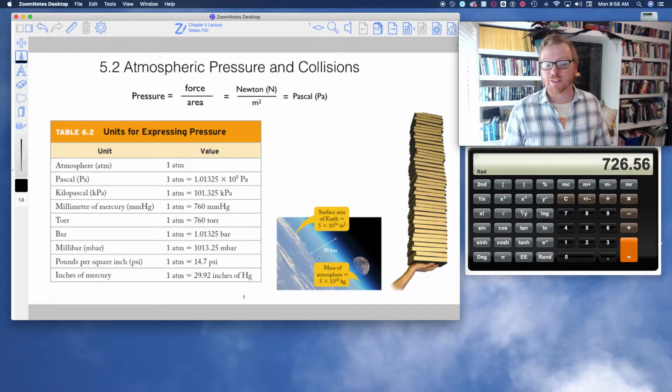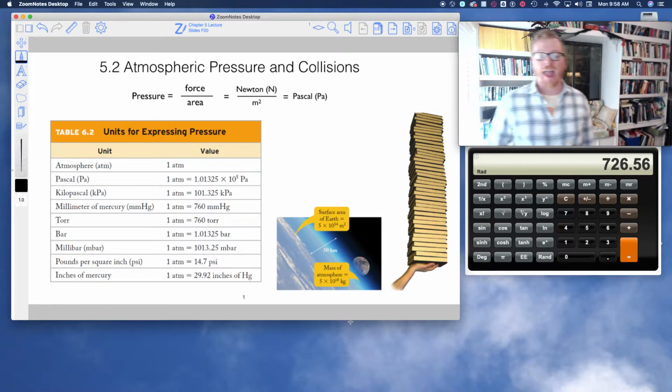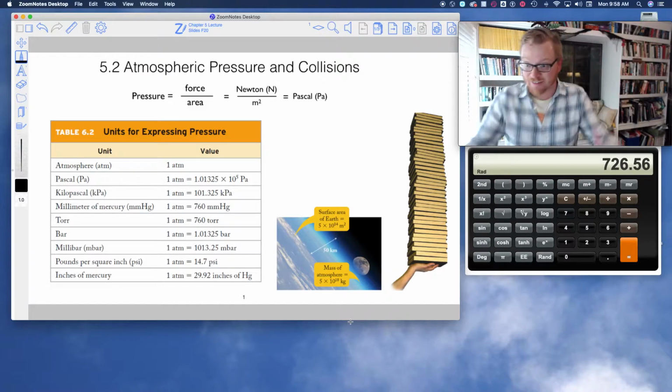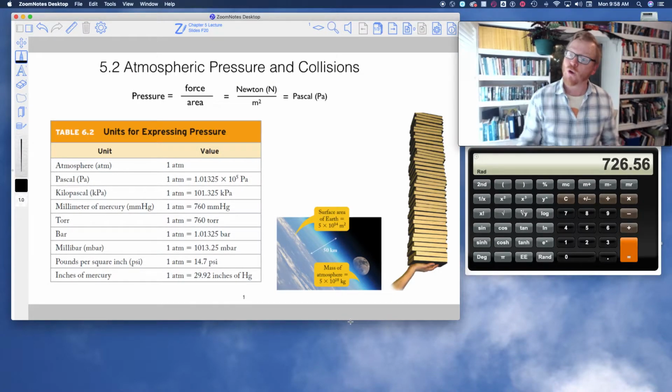It's only about 50 kilometers thin, but our planet's circumference is about 40,000 kilometers. So the atmosphere is really, really thin. And there's a ginormous area, 5 times 10 to the 14 meters squared. Well, as it turns out, the mass of our entire atmosphere, even though it's really thin, is quite massive, 10 to the 18 kilograms. And what's keeping that pressure down is gravity.